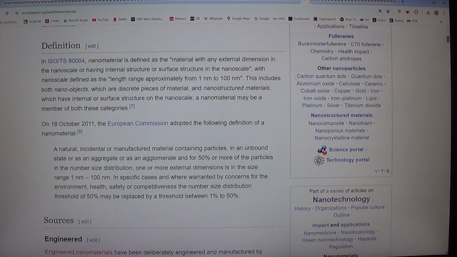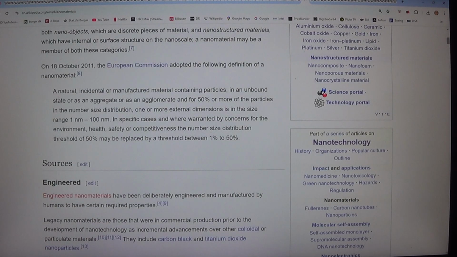On the 18th of October, 2011, the European Commission adopted the following definition of a nanomaterial. A natural, incidental or manufactured material containing particles, in an unbound state or as an aggregate or as an agglomerate, and for 50% or more of the particles in the number-size distribution, one or more external dimensions is in the size range 1 nm to 100 nm.